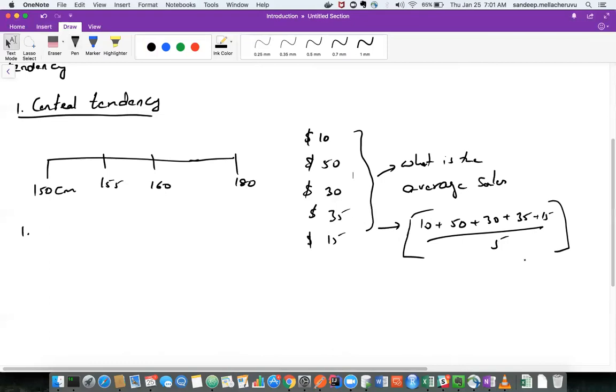But the second reason and the most important is what you said. It's because many people lie around this average. Many of the purchases will lie around this average. It's not exactly this average. Let's say this is $35. Let's say I didn't calculate, but I'm just saying. So let's say this is $35, the average.